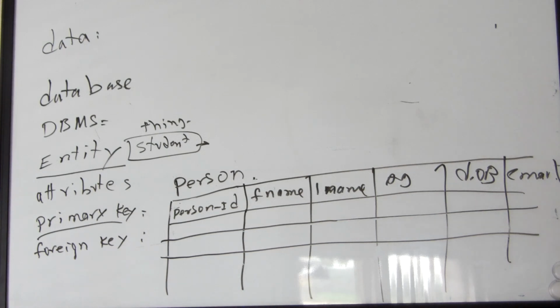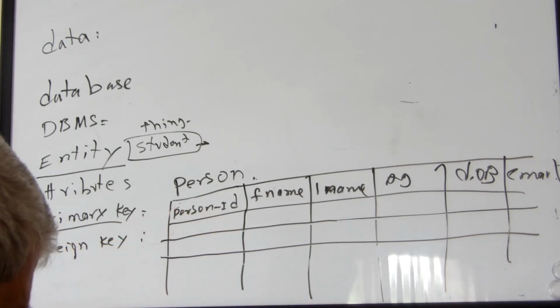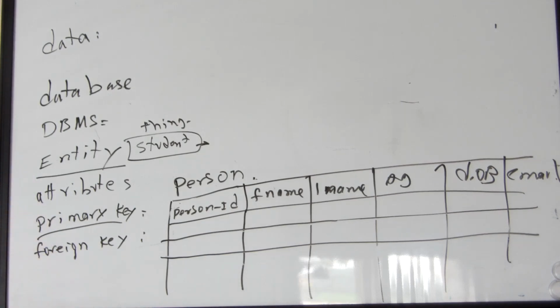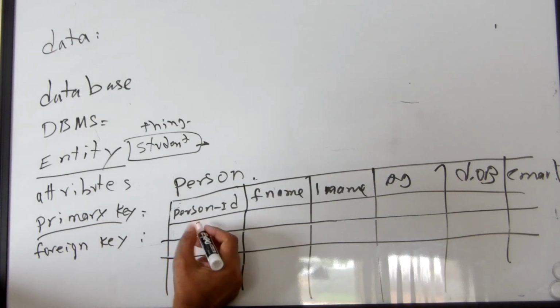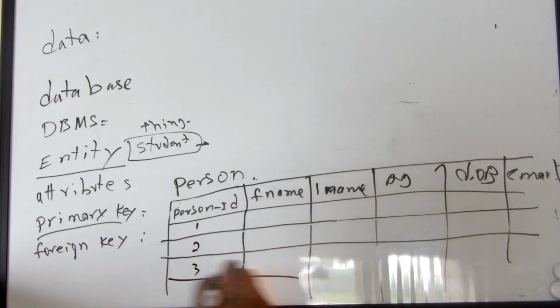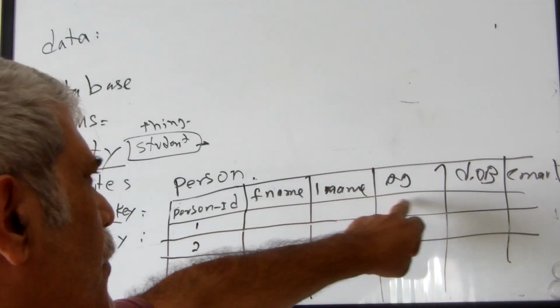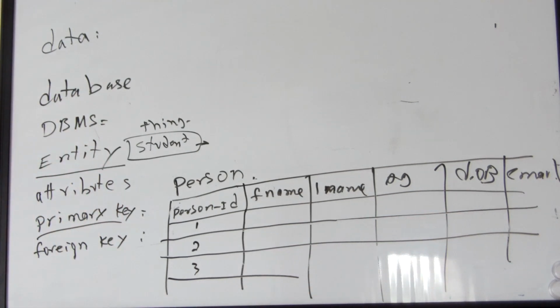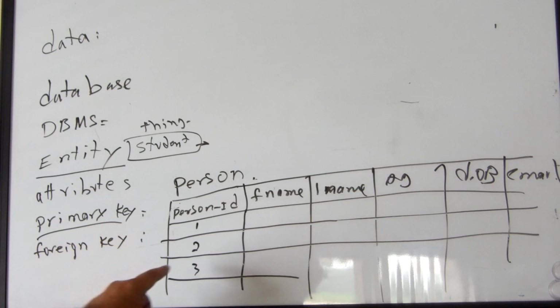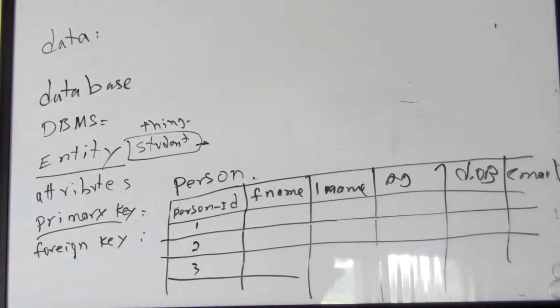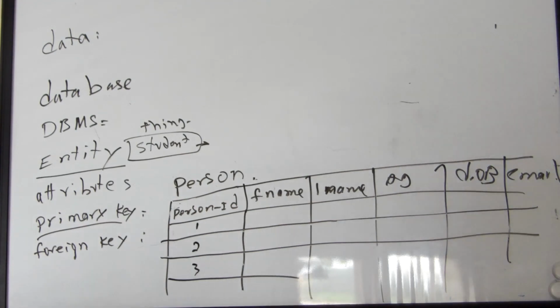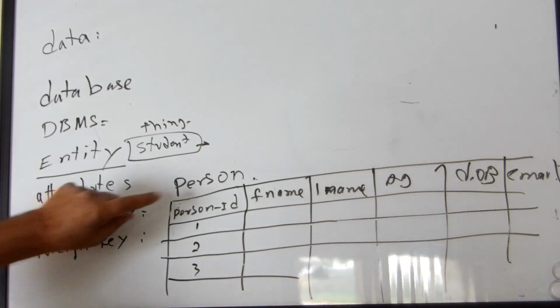Primary key, in every table, first of all we say it uniquely defines the row. In this table, we can use something like person ID 1, the first name John Smith, age 22, date of birth, email.